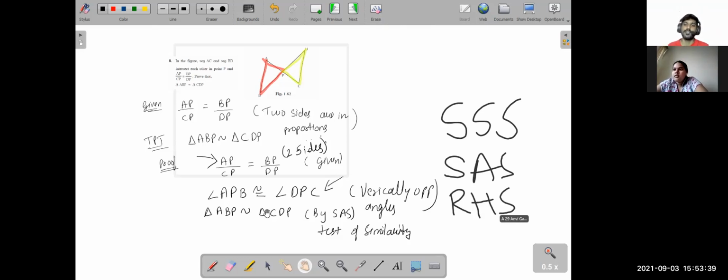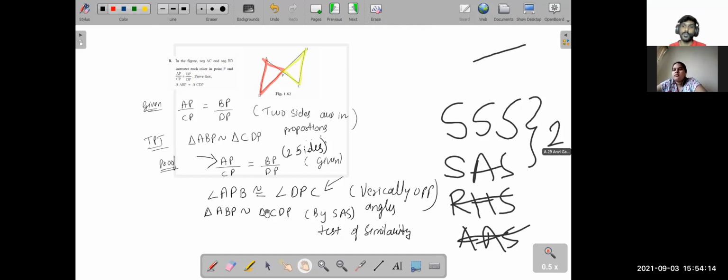No, AAS is not a similarity criteria. RHS and AAS are congruency criteria. So only four similarity criteria are there: triple A, double A, triple S, and SAS.